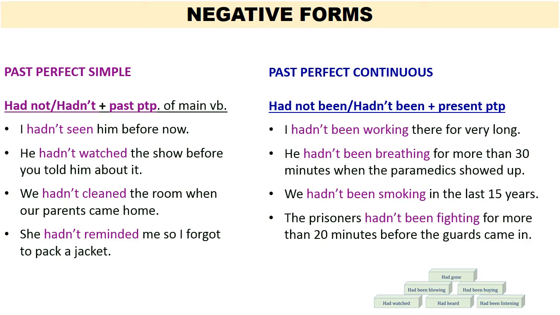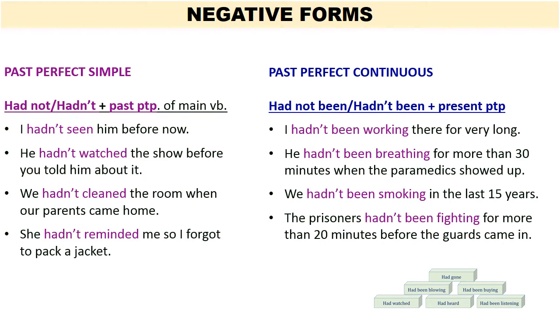And now the negative form for the past perfect continuous tense. We use had not been or its contracted form hadn't been plus the present participle of your main verb. For example, I hadn't been working there for very long.